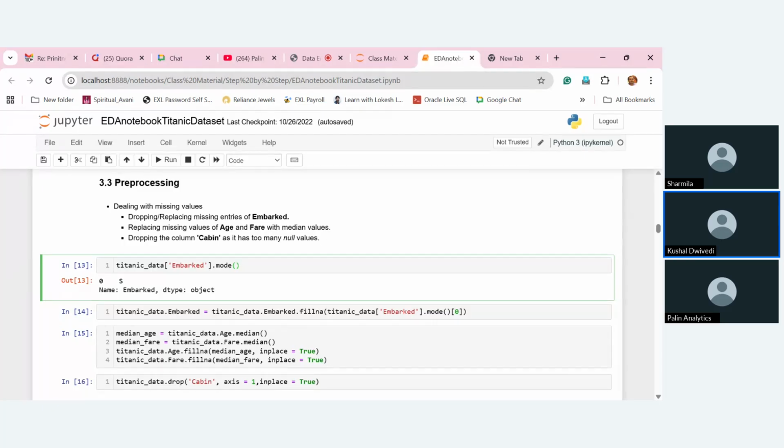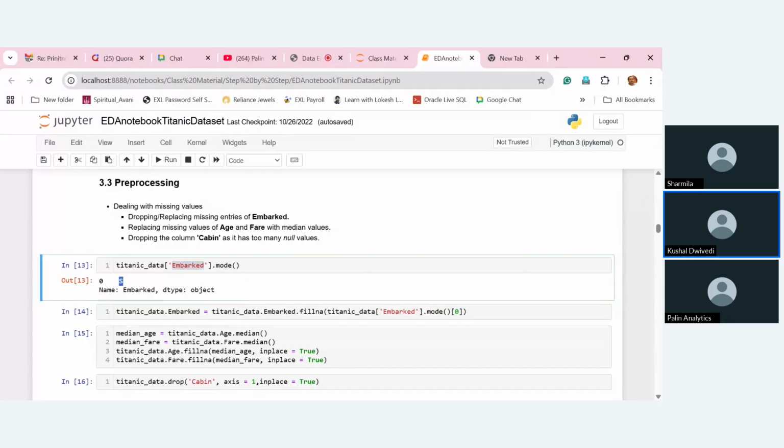We have to find out whether the column is numeric or non-numeric. Obviously, embarked is non-numeric, so for non-numeric values, missing values will be replaced by the mode. The mode of embarked is S.